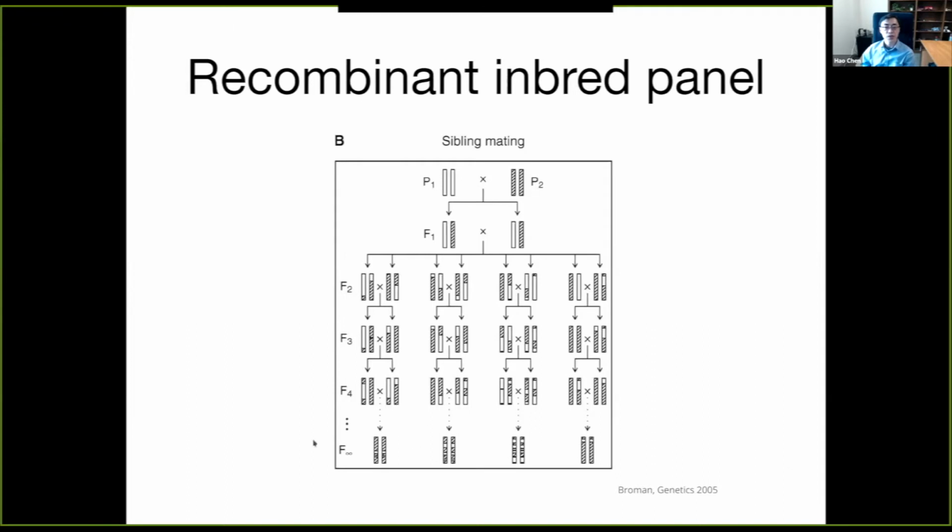So this is the concept of a recombinant inbred panel. And here, this diagram is from a review article Karl Broman wrote in 2005. And there are many famous, popular recombinant inbred panels, including the BXD panel, many of us are very familiar with.